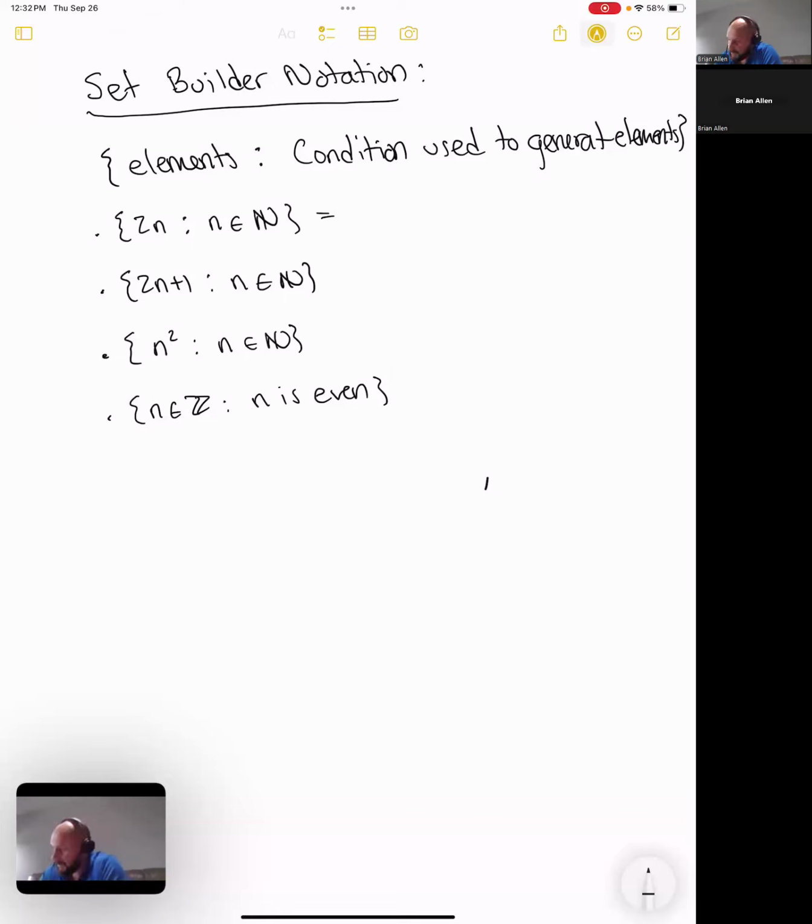Just to make sure we understand what the set builder notation is saying. Here, that means it's like 2, 4, 6, 8, 10, so on and so forth, the set of even natural numbers. Here we're looking at 1, 3, 5, 7, 9, 11, the set of odd natural numbers. Here we're looking at the set of squares.